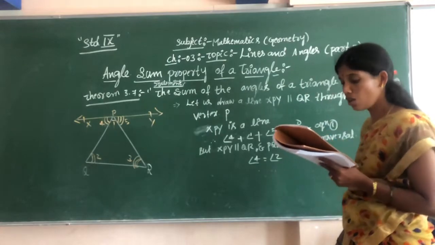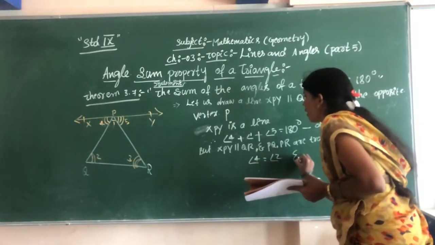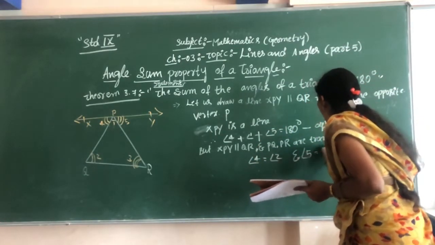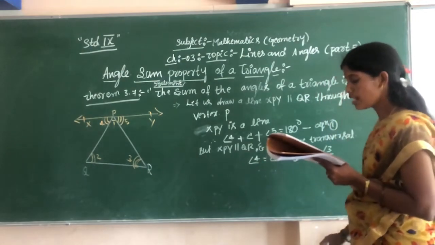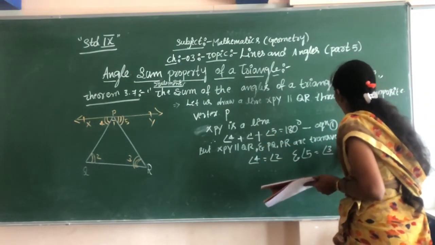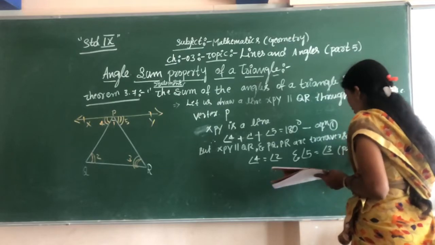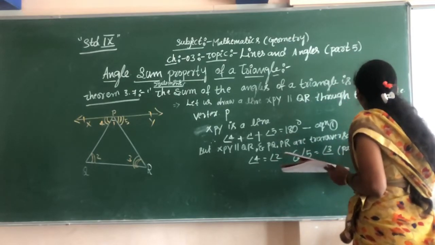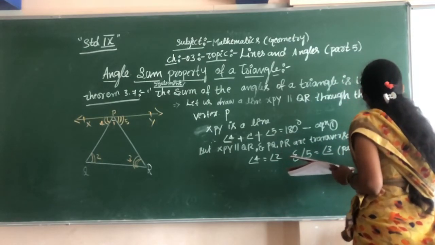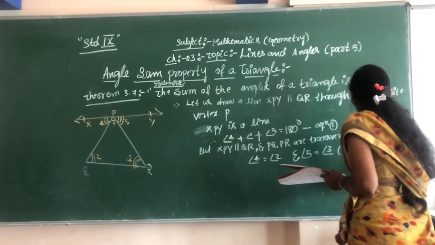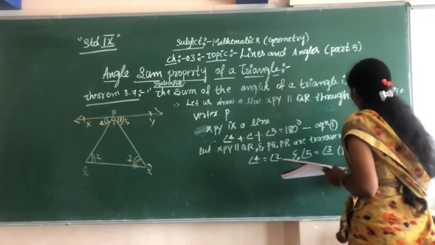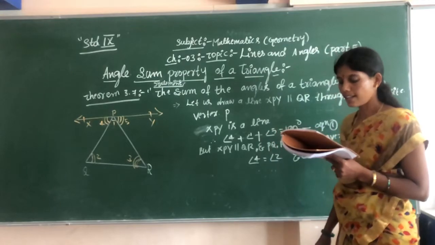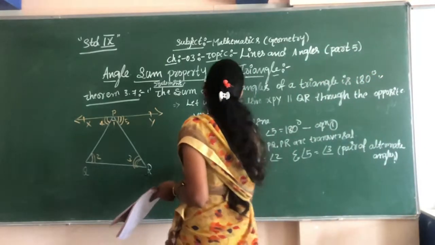Angle 4 is equal to angle 2, and angle 5 is equal to angle 3. These are pairs of alternate angles.